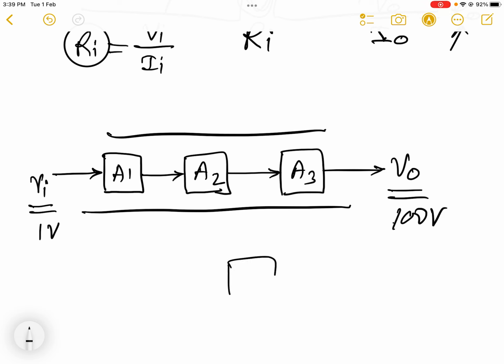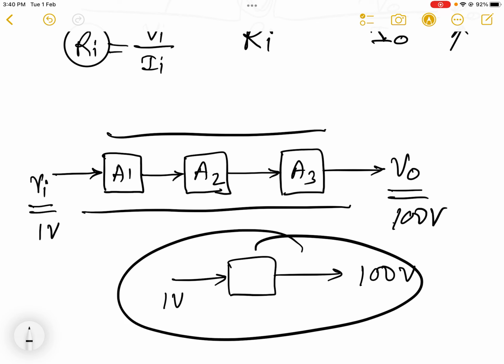If I use a single amplifier and connect 1 volt input at the input terminal, and I expect output voltage to be 100 volt at the output, then this type of amplifier will not work properly, because there are some technical difficulties which does not allow us to use a single amplifier to get the maximum possible output in just a single stroke, just in a single stage amplification.